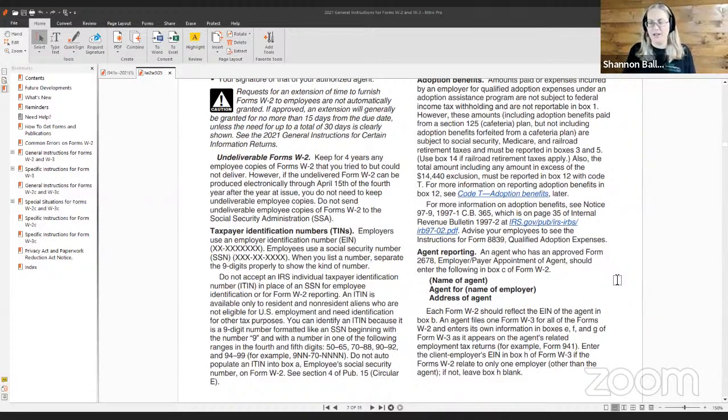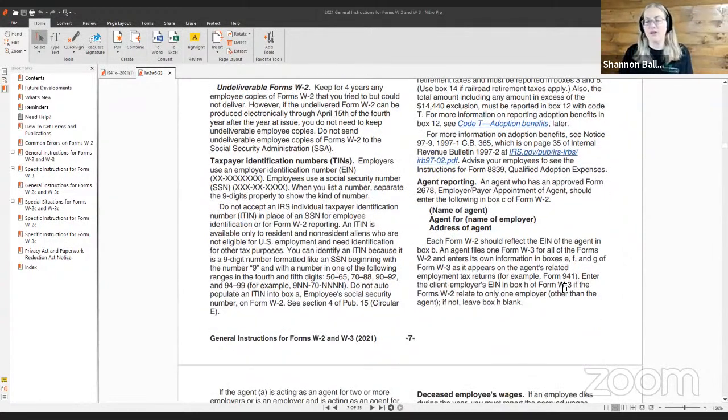Agent reporting. An agent who has an approved Form 2678, Employer/Payer Appointment of Agent, should enter the following in box C of Form W2: the name of agent, "agent for," name of employer, and address of agent.